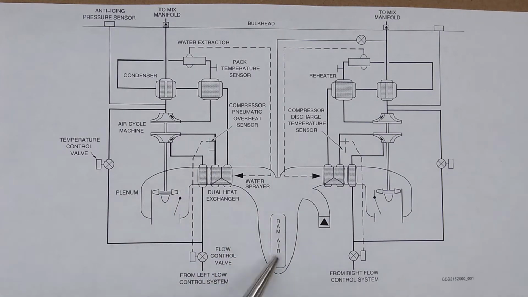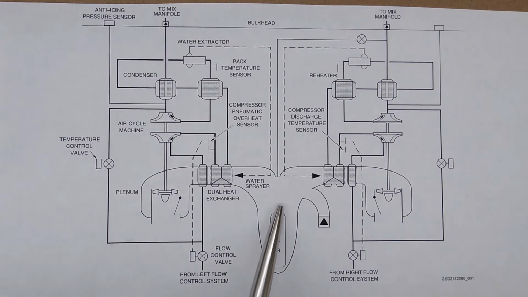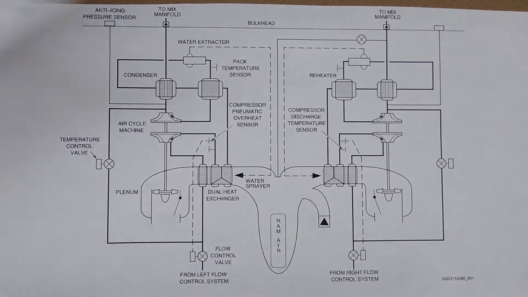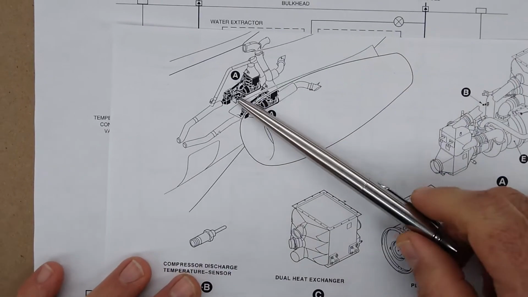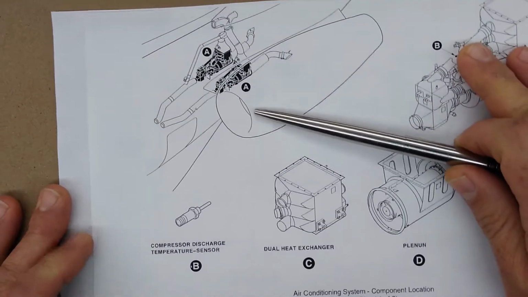The outside ambient air would come in through here, through ram air. And just so you know what this ram air is and where this is in the aircraft, this is a view showing the back of the airplane.